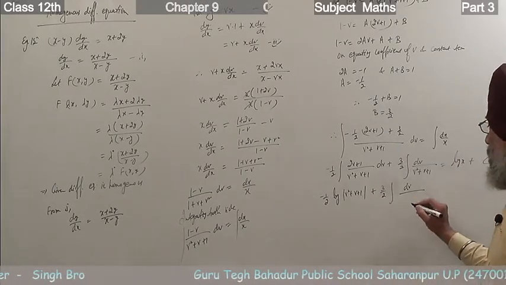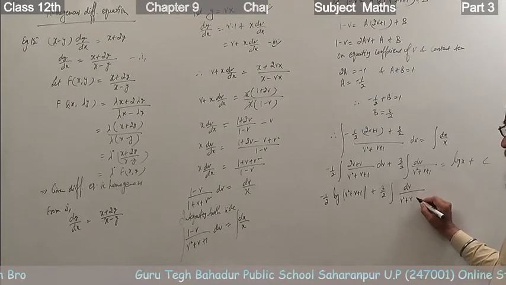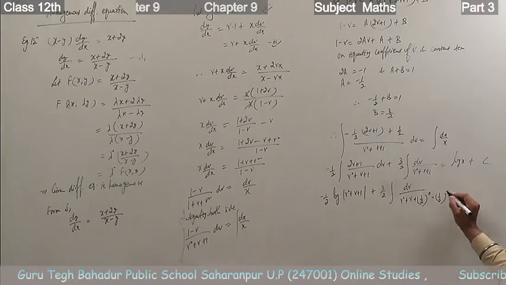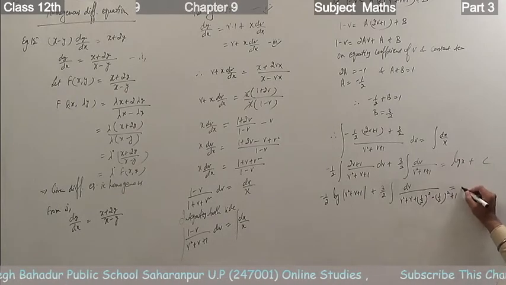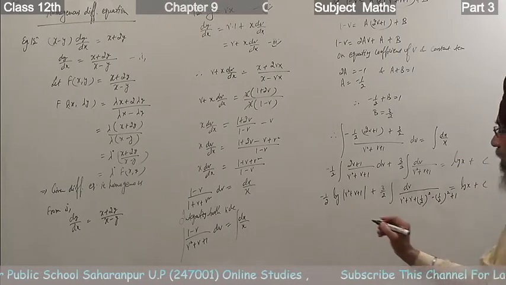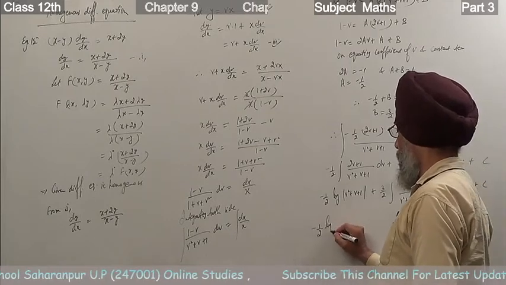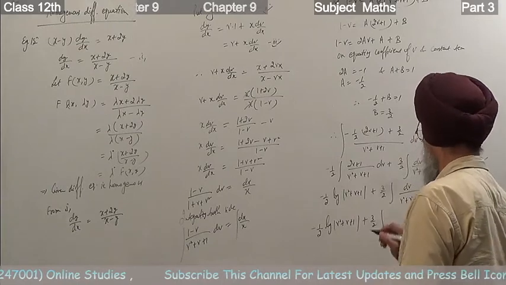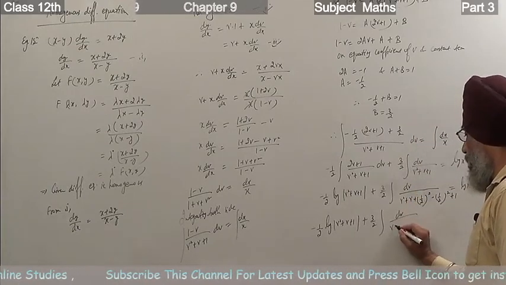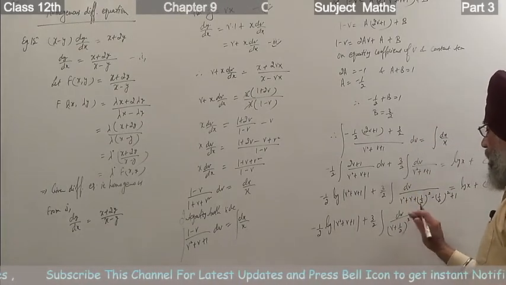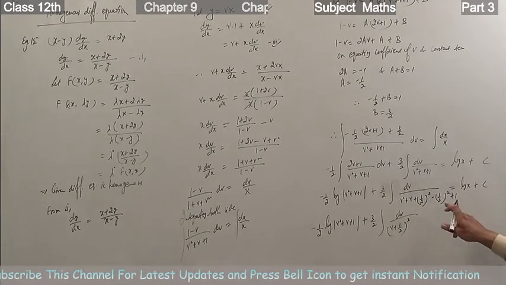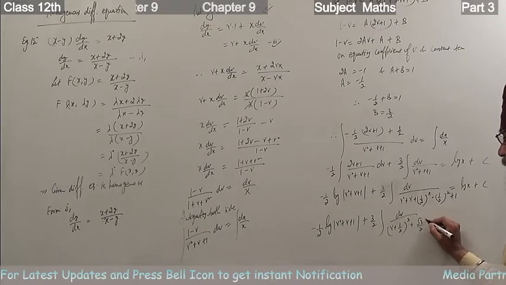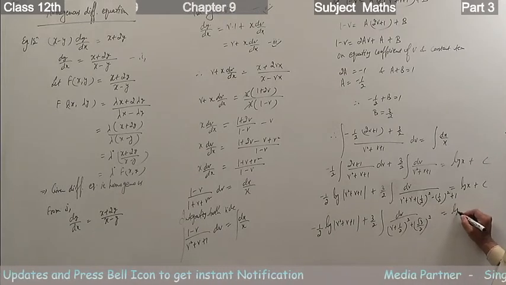It becomes v square plus v plus (1 upon 2) whole square minus (1 upon 2) whole square plus 1. So it's log x plus c, minus half log of v square plus v plus 1, plus 3 upon 2 dv upon (v plus half) whole square, using a square plus b square plus 2ab. Minus 1 upon 4 plus 1 gives you 3 upon 4, that is (root 3 upon 2) whole square.